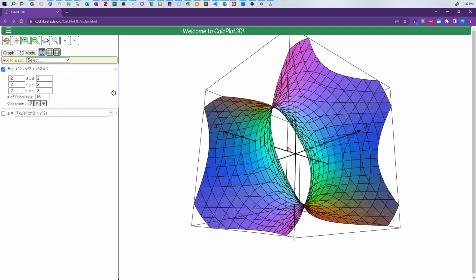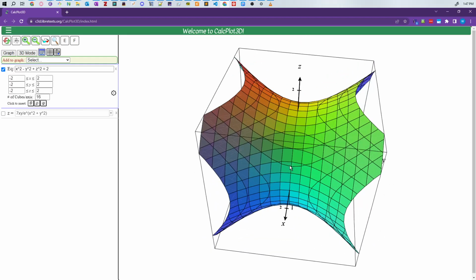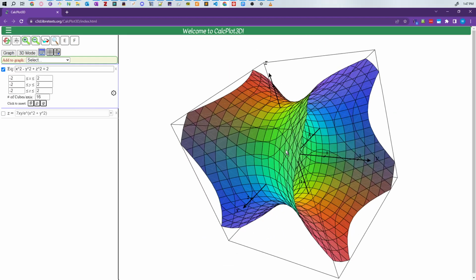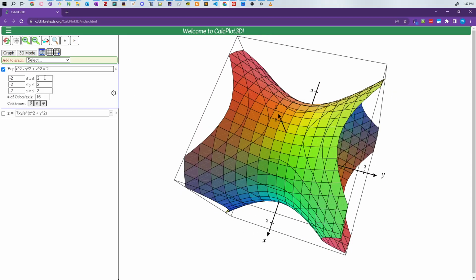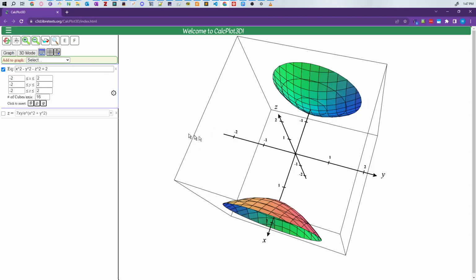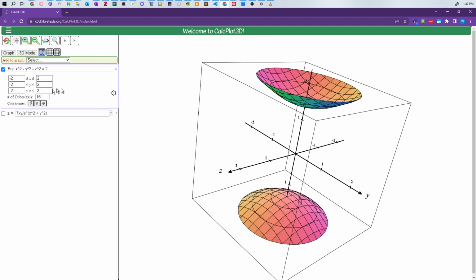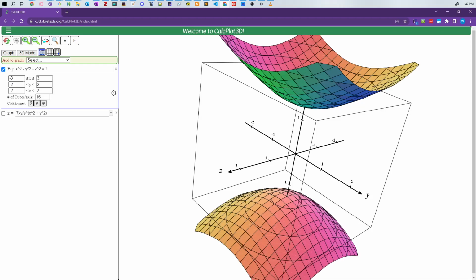And here you see this is a one sheet hyperboloid. You can modify the equation here. If I put another minus instead, then we get the two sheet hyperboloid. If I want to change the dimensions of this, let's say the x, if I make the x larger, I can see a bit more of it.